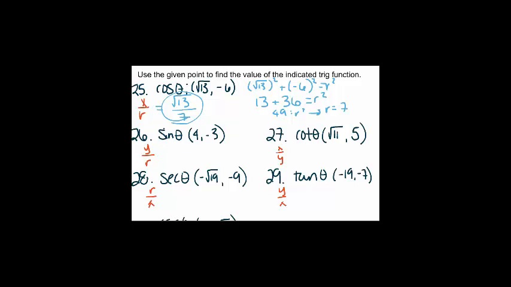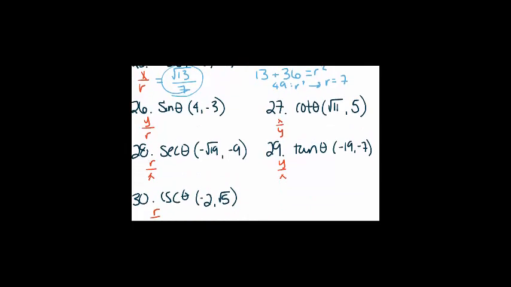If you notice, 2 of them are going to be a piece of cake. I'm going to skip around. 27 and 29. Cotangent is x over y. Tangent is y over x. I don't even need r. If you want to test to see if you're really good, it should be 6 for 27 and the square root of 410 for 29.